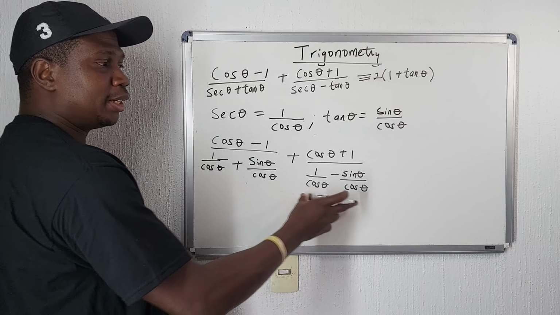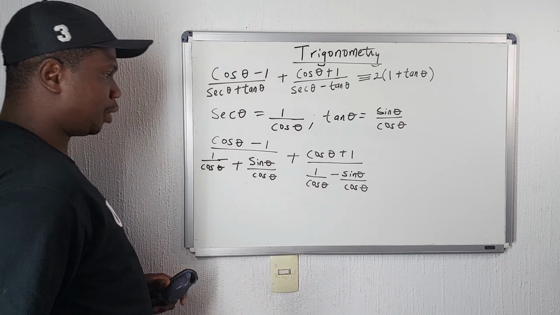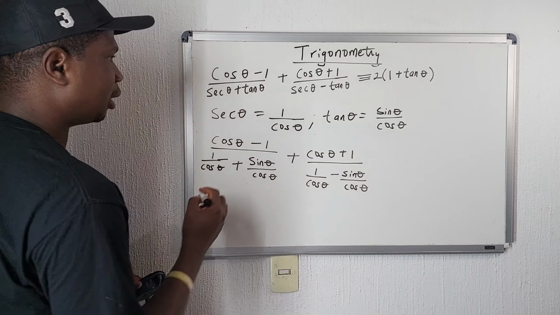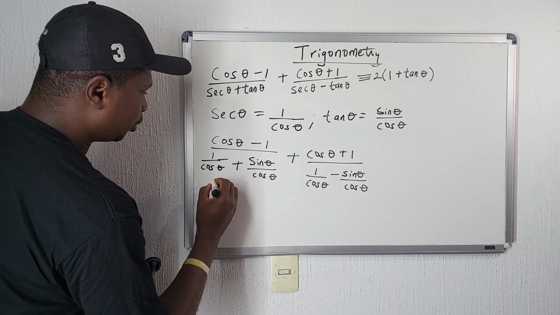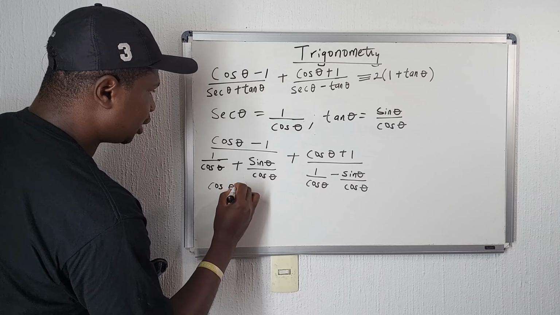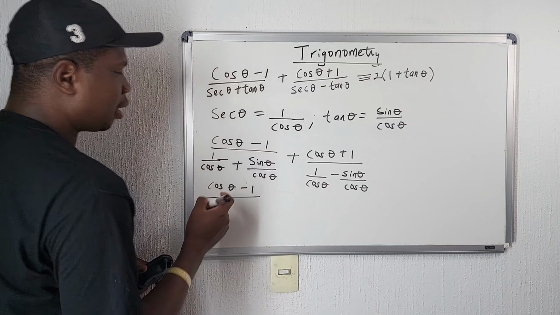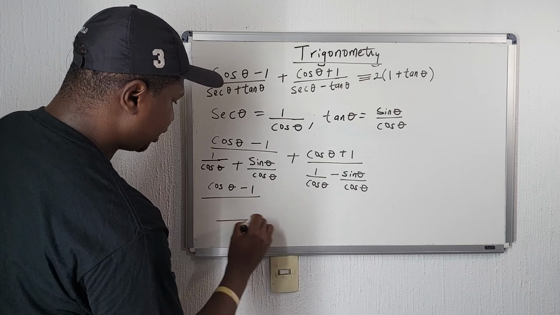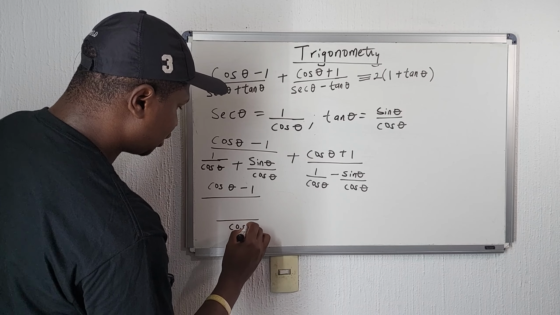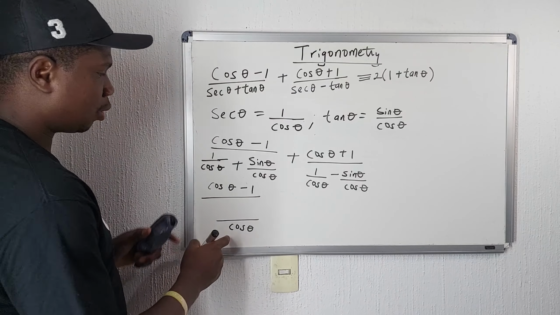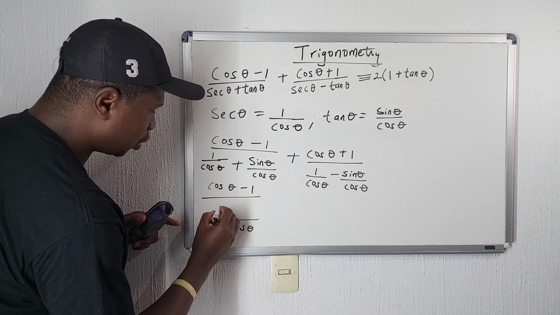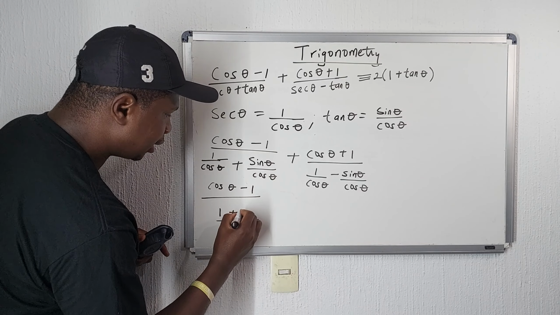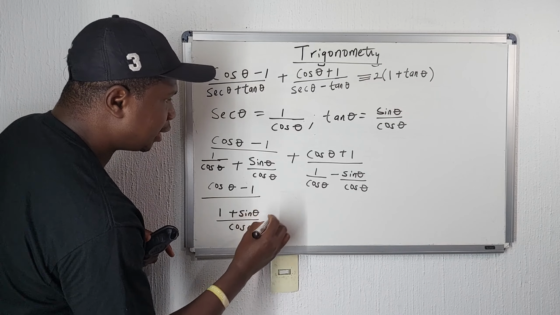Now, what do we do next? We can simplify this denominator. How do we do that? I can take the LCM, which is cos theta. Cos theta and cos theta is 1, times 1 is 1, plus cos theta divided by cos theta is 1 times sin theta.